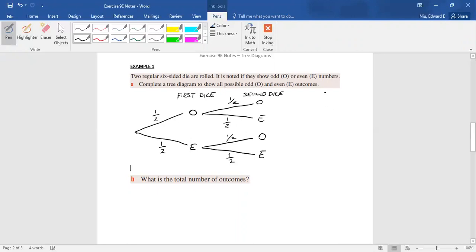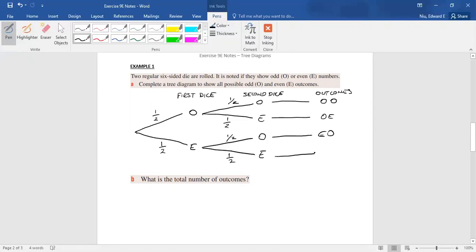And so in our very last column, we write outcomes. And we take a look at the branch. So this first branch, we get odd and odd. This second branch, we get odd and even. This third branch, we get even and then an odd.